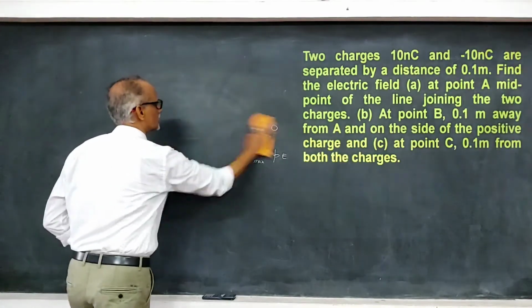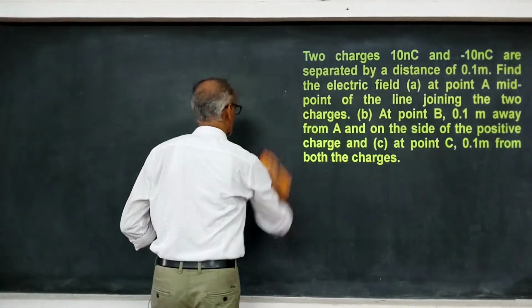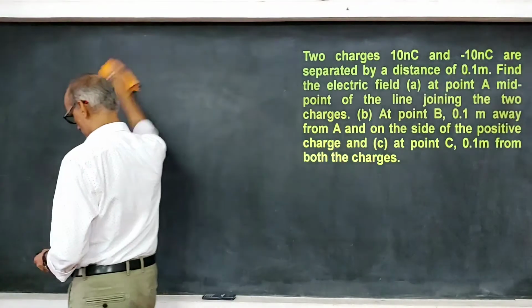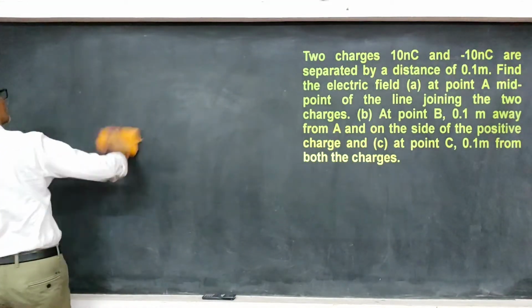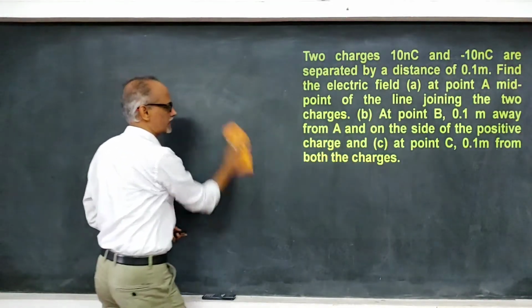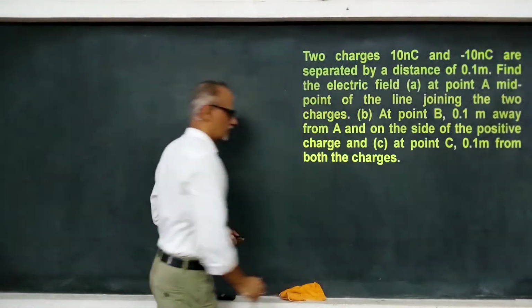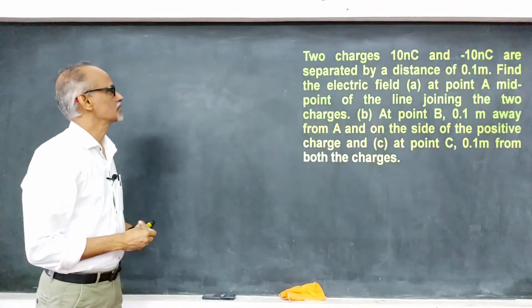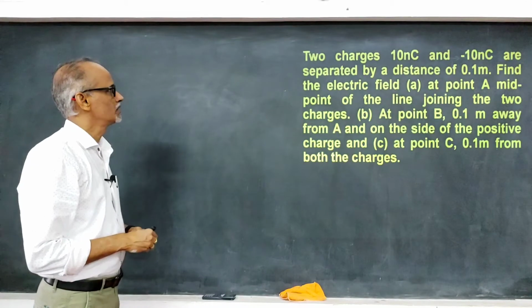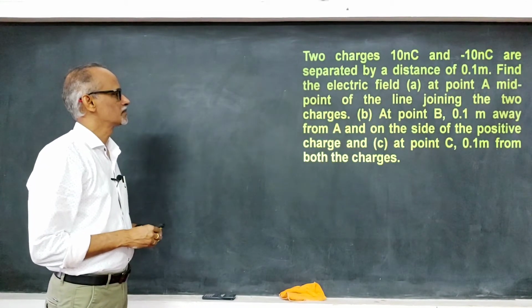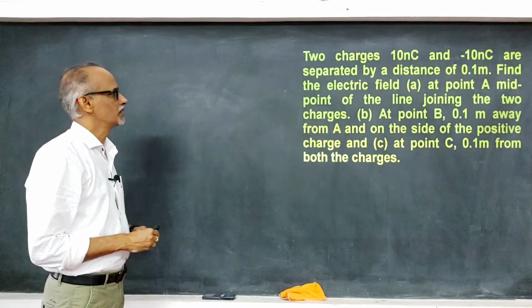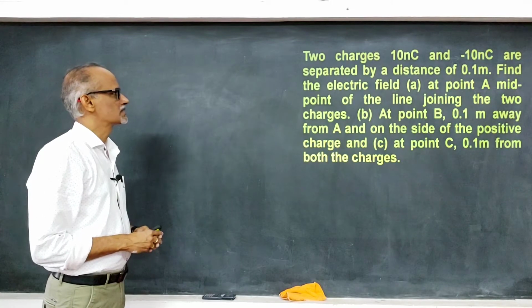So, now we are going to solve a numerical based on the electric dipole. The statement goes like this: two charges 10 nanocoulomb and minus 10 nanocoulomb are separated by a distance of 0.1 meter.